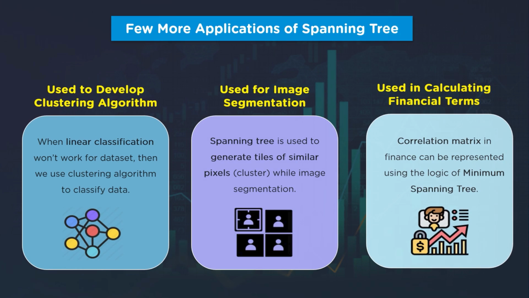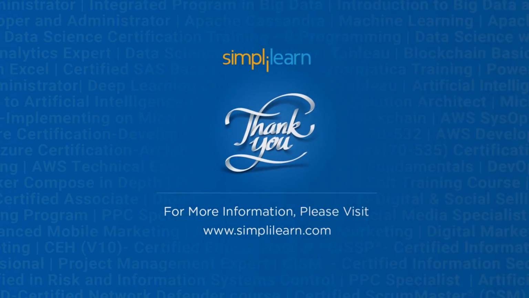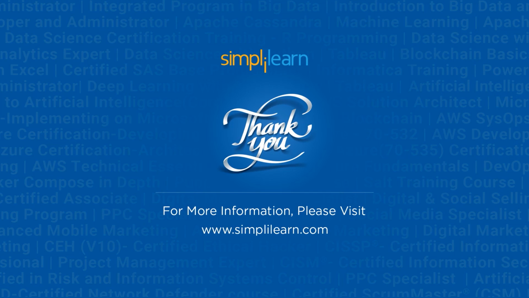A correlation matrix can be created by calculating a coefficient of correlation between any two stocks. This matrix can be represented topologically as a complex network, and a minimum spanning tree can be constructed to visualize the relationships. So with this, we come to the end of this video on spanning tree in data structure.